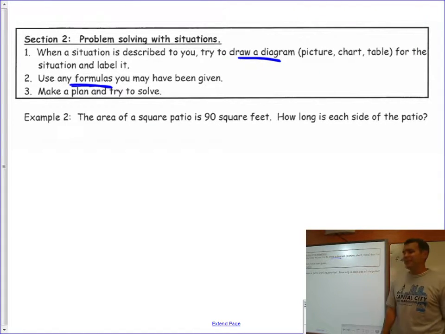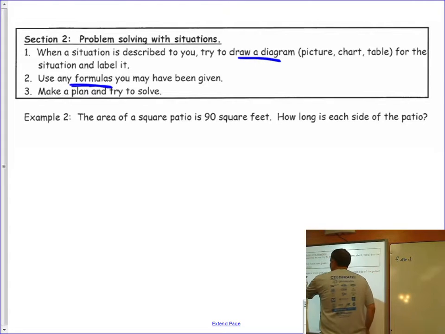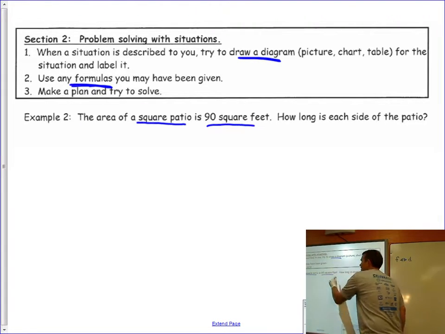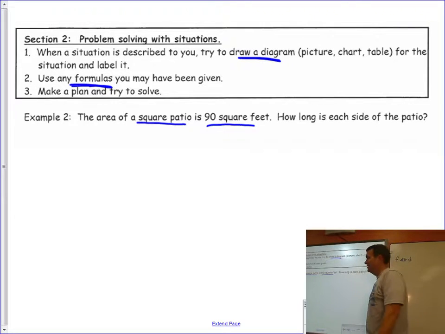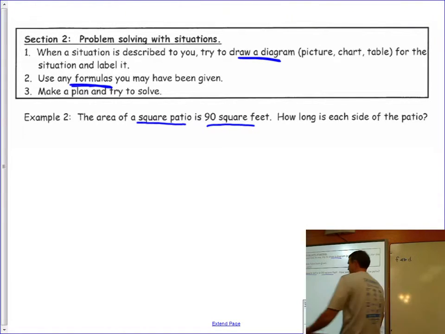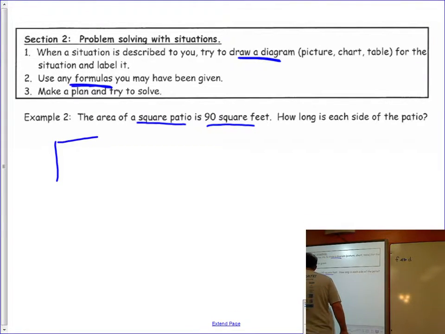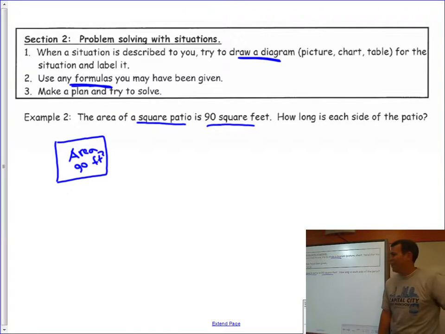It says the area of a square patio is 90 square feet. How long is each side? Well, I could draw a picture of the patio. There's a square that's got an area of 90 square feet.